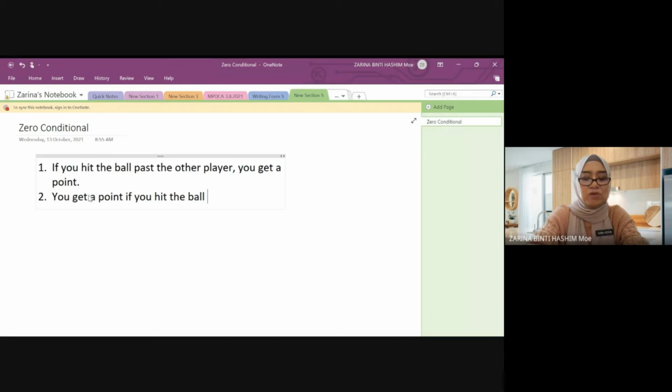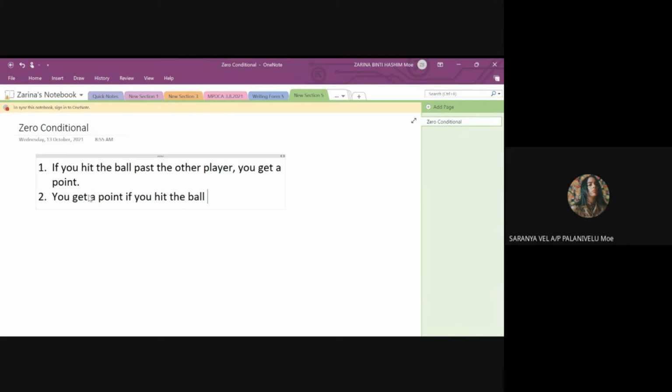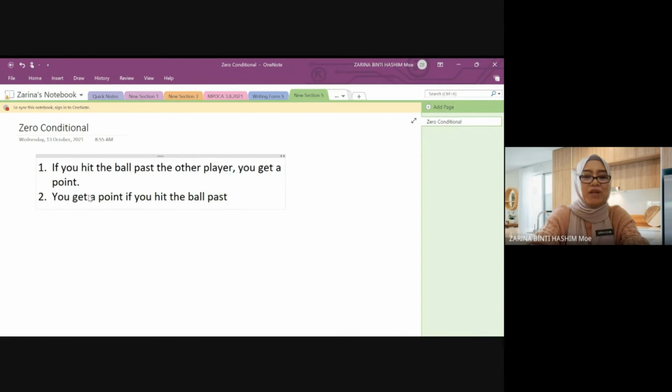Either one. Either you want to start with if or you want to start with the result first. You get a point if you hit the ball past the other player. Also can. Either one.